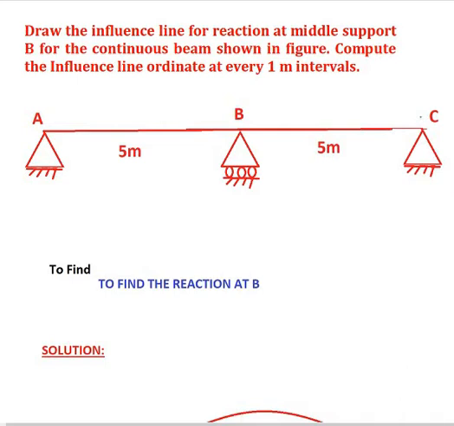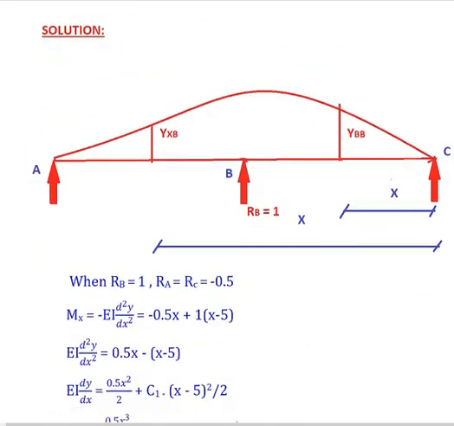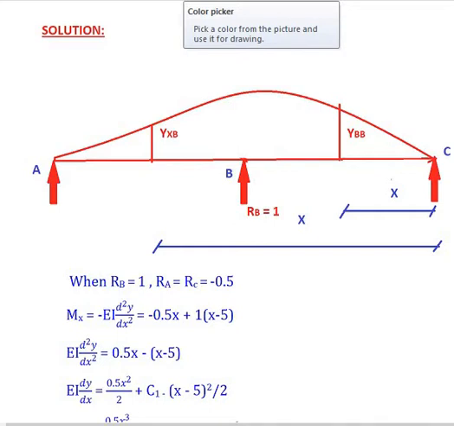Solution. First we have to draw the influence line diagram. To find the reaction at the middle support B, the elastic curve will be like this as shown in figure. Initially, to draw the influence line diagram for RB, first we have to remove the support B. In this image, we can see I have removed the support B. Apply a unit load at B, which means RB is equal to 1.